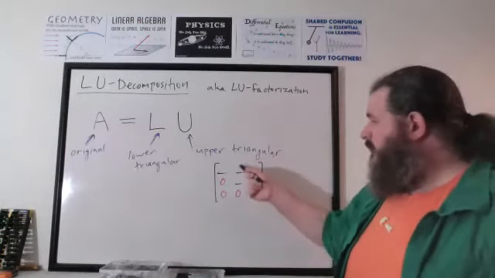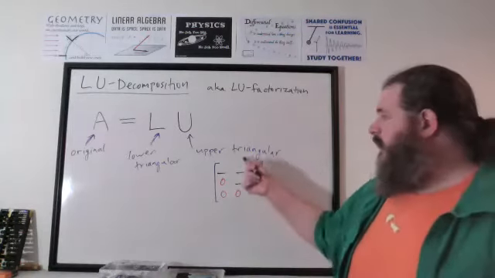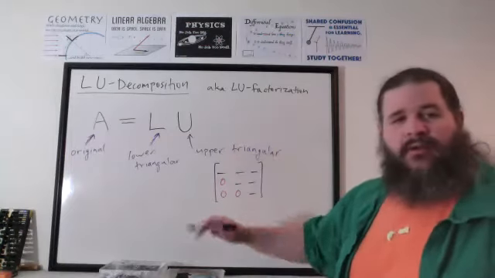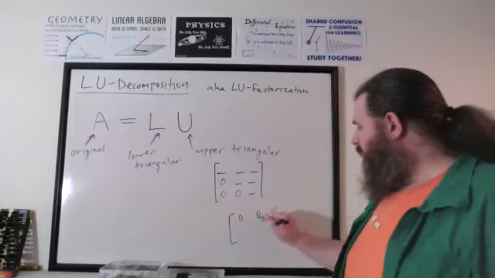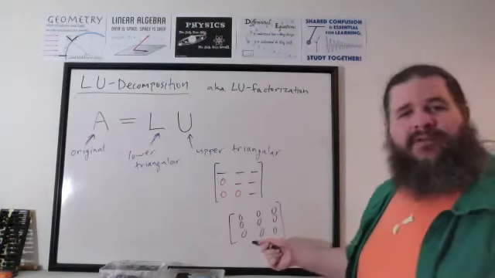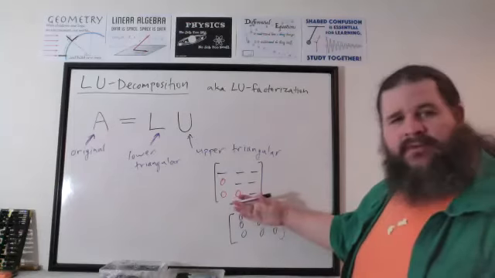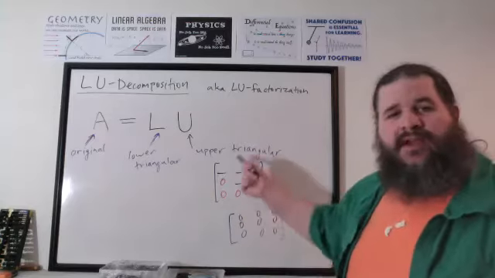It's possible that there are zeros in the upper triangle also, and it still counts as upper triangular. In fact, a matrix of all zeros technically counts as upper triangular, because everything below the main diagonal is all zeros.